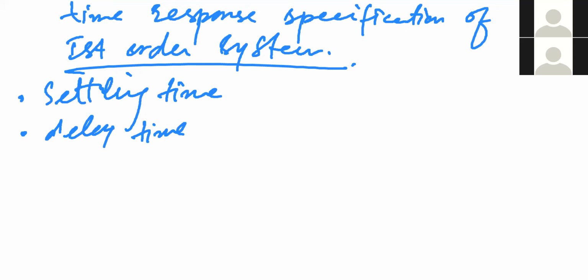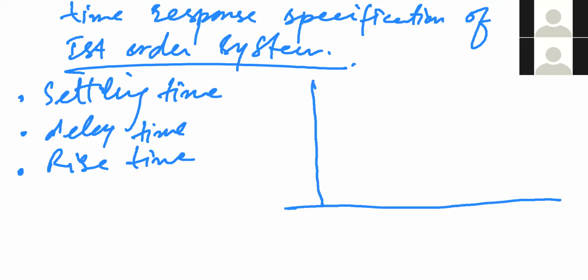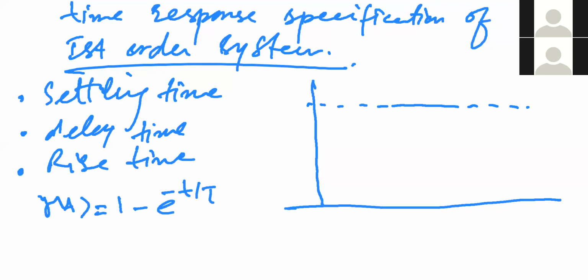So we see what is the delay time, and similarly, what is the rise time. So let me draw this curve again. So we have this curve. This is the steady state point of the unit step function. So y of t is equal to what? y of t is equal to 1 minus e raised to power minus t over tau.